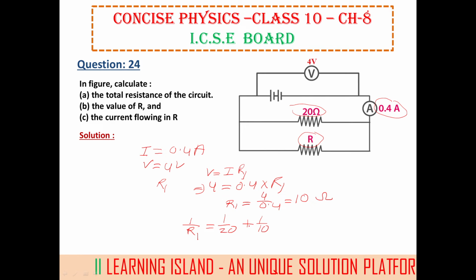So no, this is not 10, this is R. On simplification we can put 1 by R1, which is 1 by 10, equal to 1 by 20 plus 1 by R. On more simplification we get 1 by R equal to 1 by 10 minus 1 by 20.